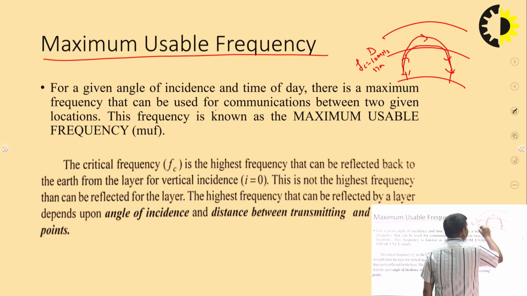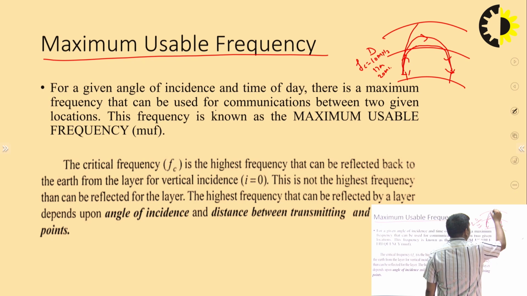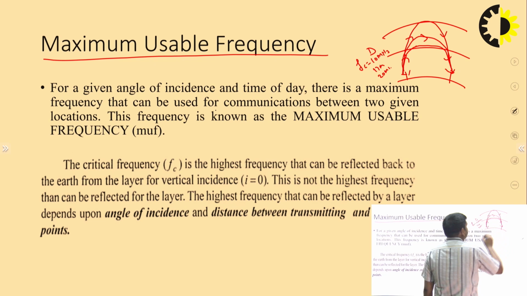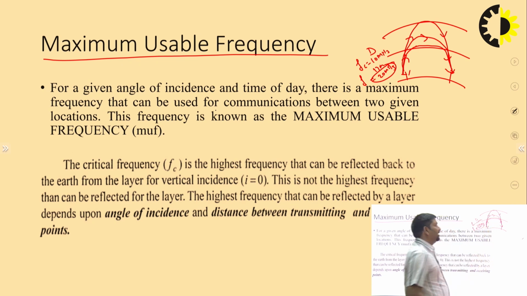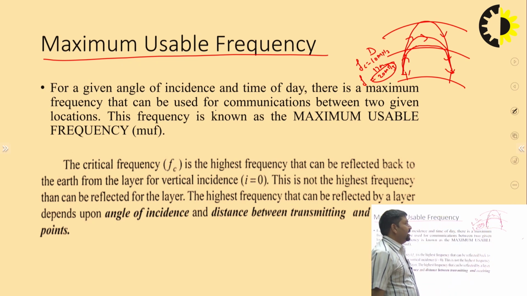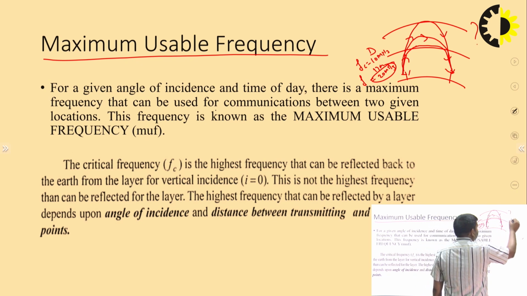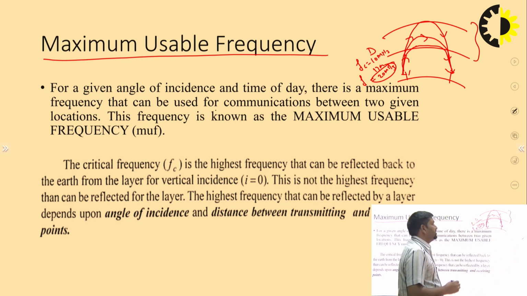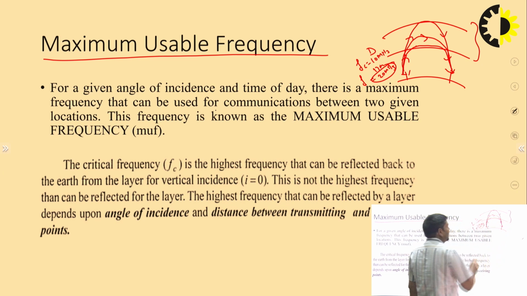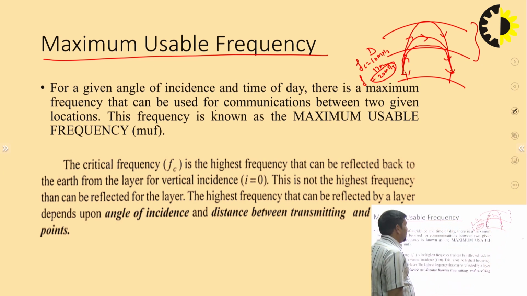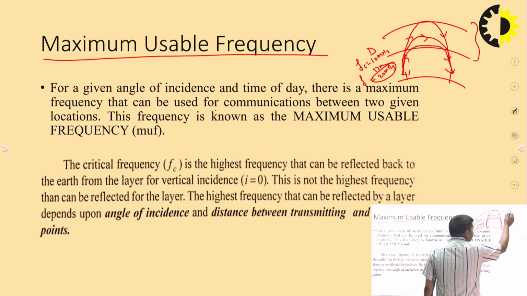If we increase it to 20 megahertz, this is the frequency which has to be reflected back by that particular region. So this type of frequency is called the maximum usable frequency of that region.